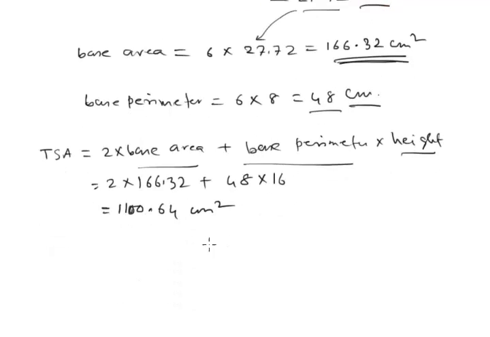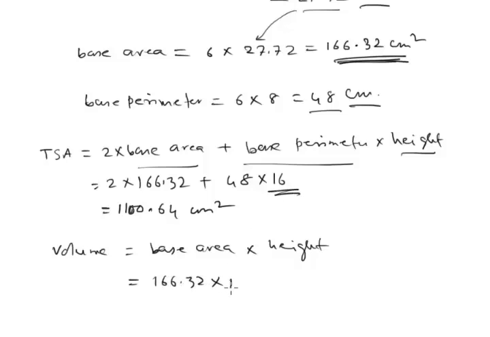And the volume formula is base area times height. So now the base area is 166.32, and the height is 16. If we multiply them, we will get 2661.12 centimeter cube.